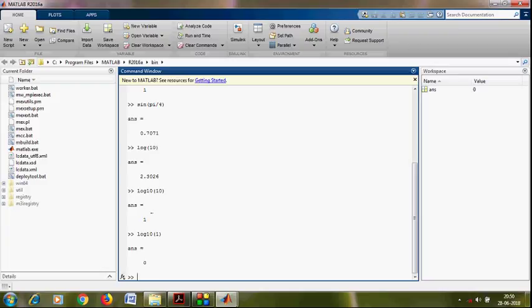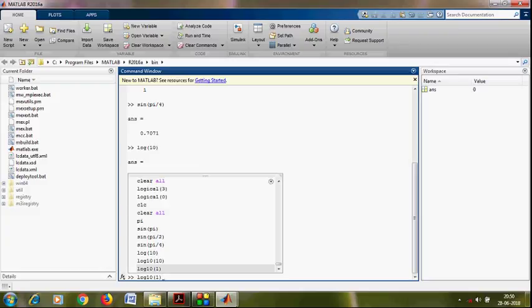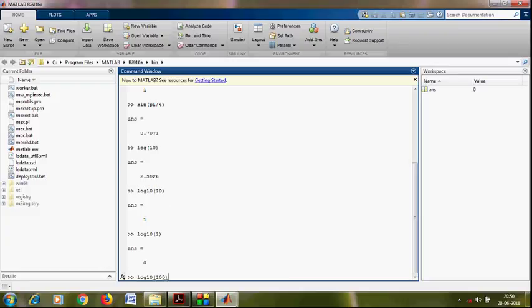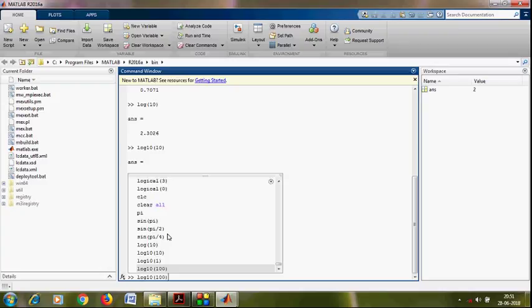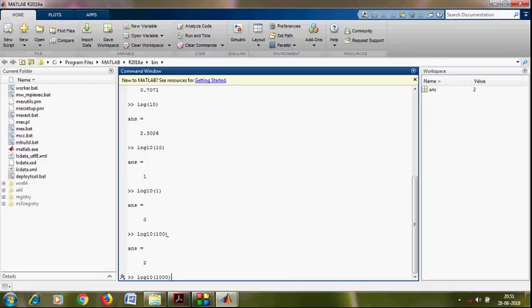If I say log10 of 100, it's 2, because 10 to the power 2 is 100. If I say 1000, it should be 3, because 10 to the power 3 is 1000. So log tells you to how much power of 10 this value will get. That's what log does, to the base 10, of course.